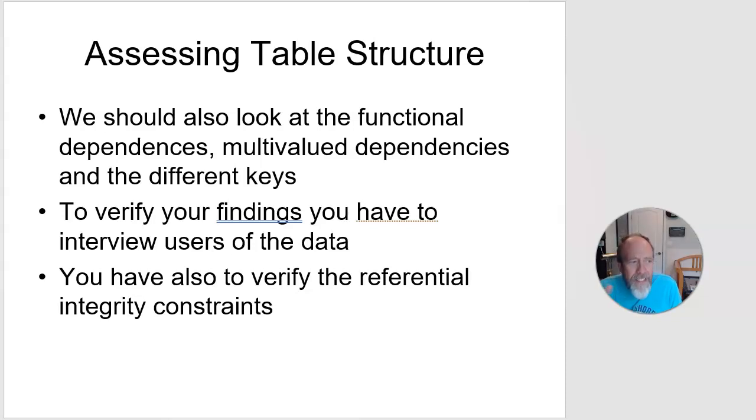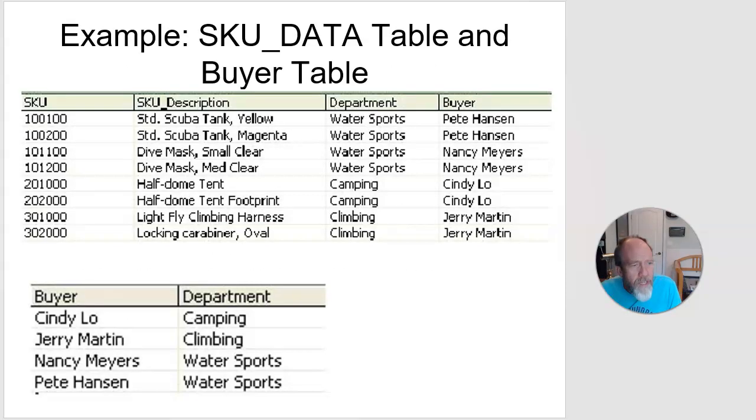Now, I'm going to give you some examples that are really, really simplistic, but it's what we've got to work with. Here's one of the examples that we had here, and by looking at this data, you can say, some SKU numbers, some descriptions that go with the SKU numbers. Okay, that looks like a one-to-one. Then each of these things, they go to a department. Those SKUs that begin with 1 seem to all be water sports.